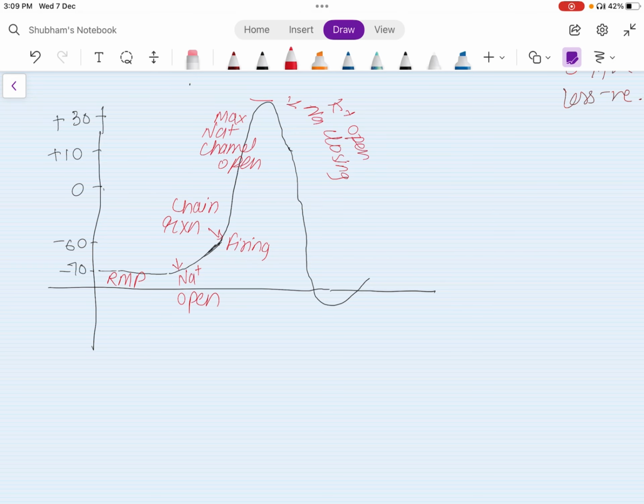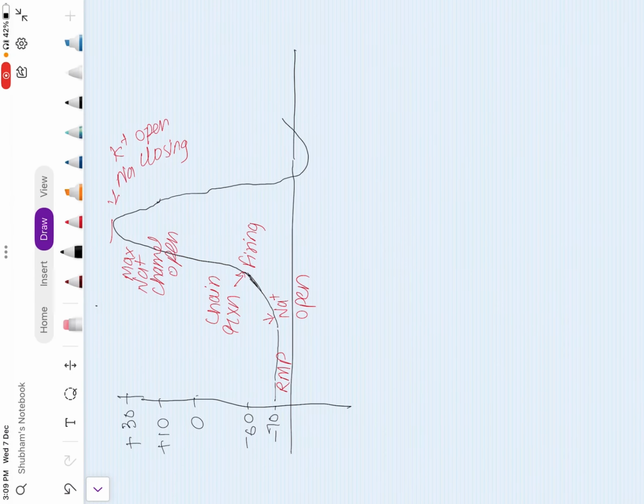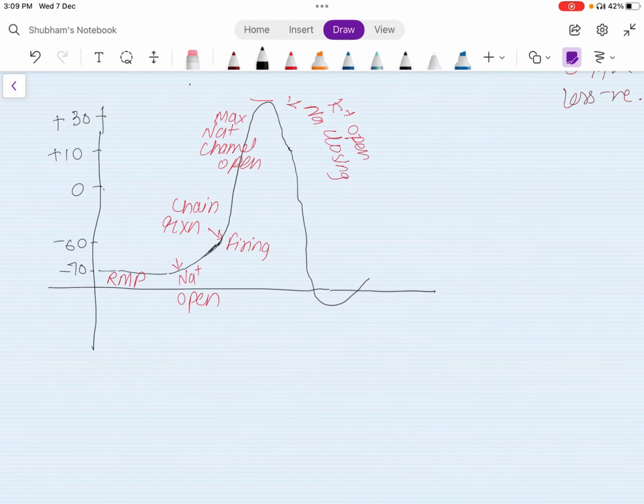So here what is happening? Here is sodium influx, here potassium efflux. You can say here the sodium channels are going into chaos, and here potassium is like a police force stabilizing the chaos.